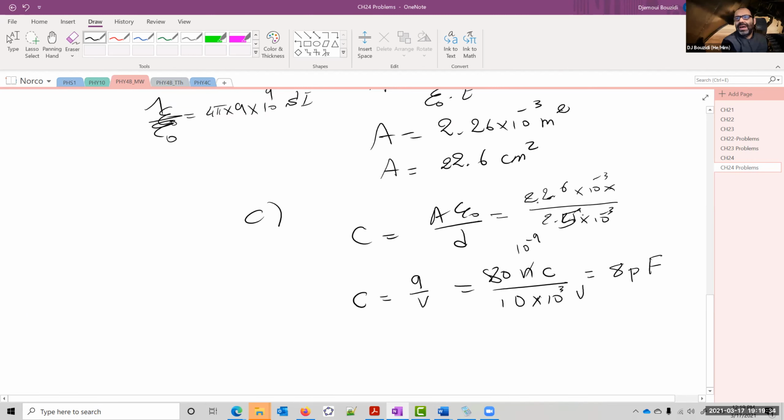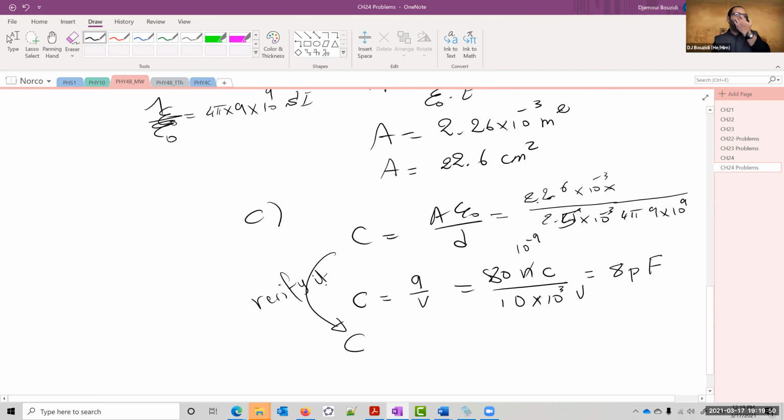And now I have to plug in the value of epsilon naught, which is 1 over 4 pi times 9 times 10 to the power 9. So if I do that, I should find the same number. Please verify it. So there are two ways of finding C now. See, this is one way for you to check if you made a mistake or not. Make sense?